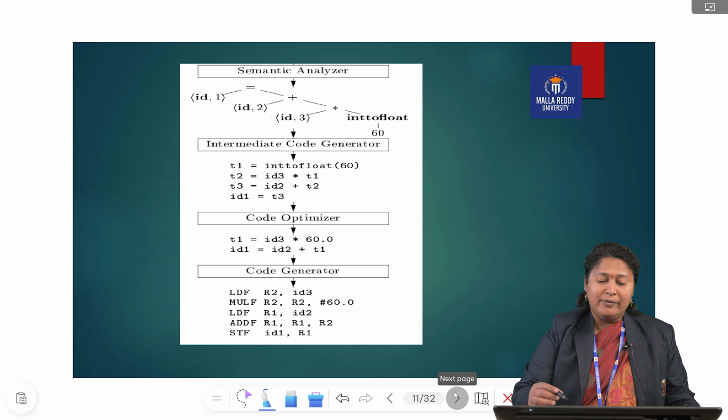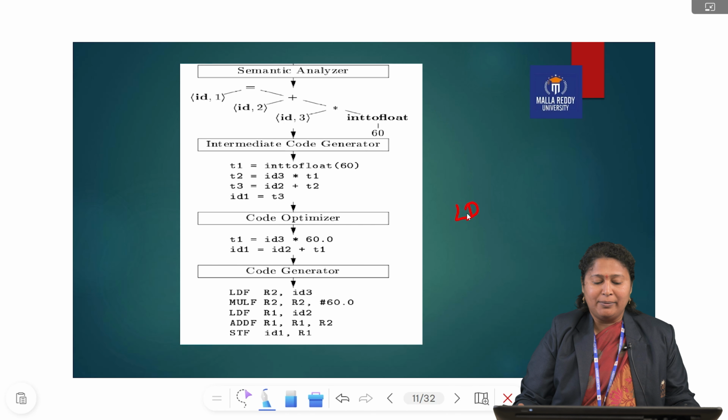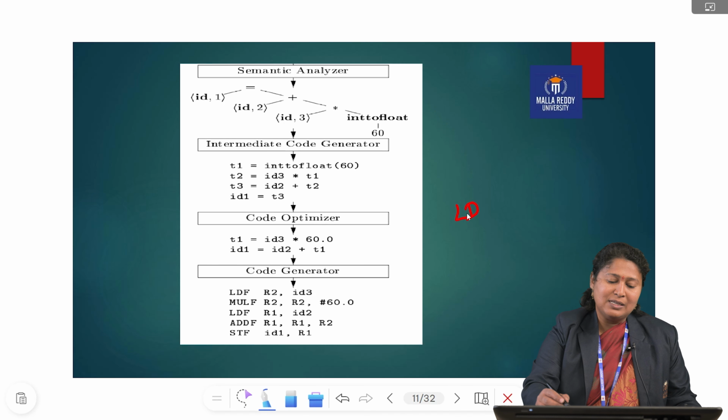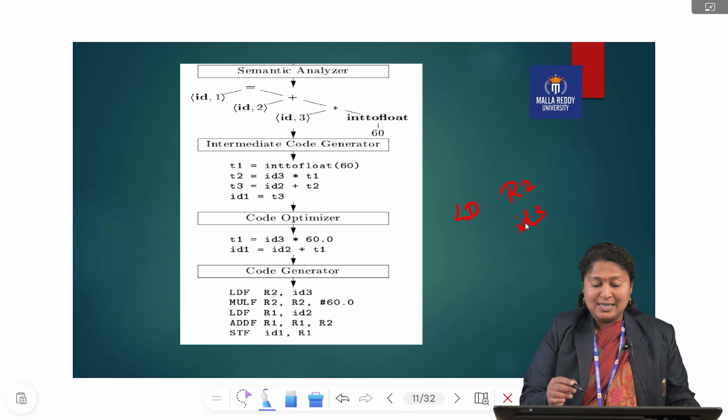So here the first statement is load. Load F represents floating numbers. Since ID1, ID2, ID3 are of type float, the F represents float value. So the first LD is load, that is we are loading the ID3 value into R2 register. Next we are multiplying that R2 value with 60 and placing the value in R2.